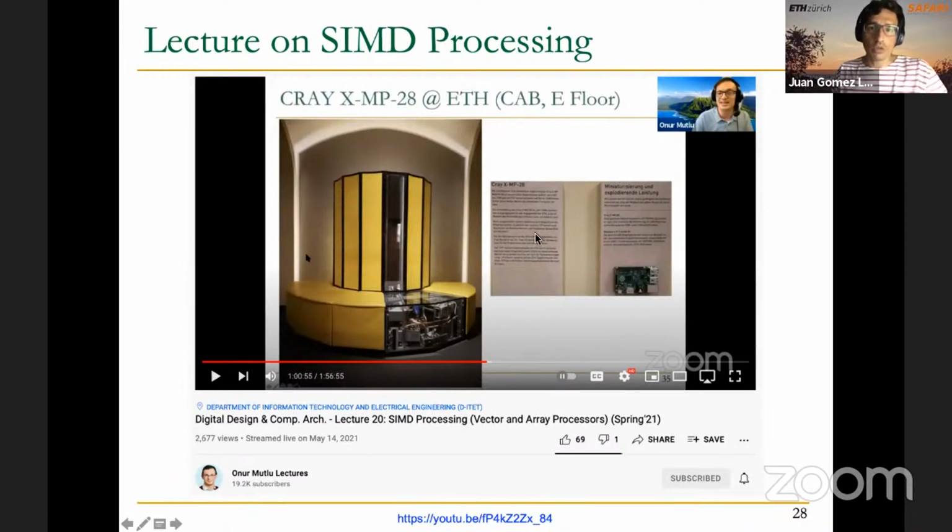What is the possible maximum size of a bank? That's a question from YouTube. If you mean the capacity of a bank, that is defined by the total size of memory, right? You may have 1 megabyte of memory or 256 kilobytes. Let me give you the example of Nvidia GPUs, typical values for the shared memory, which is a banked or interleaved memory, similar to this one that we are describing. There, the total size is typically 64 kilobytes.